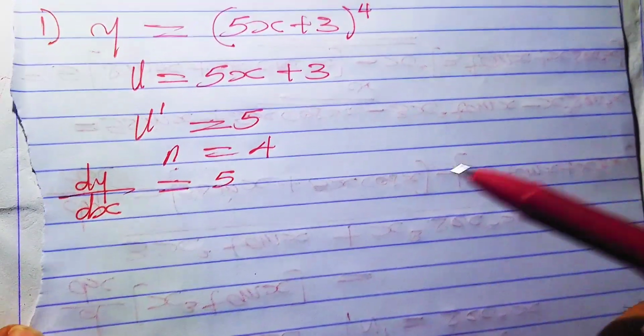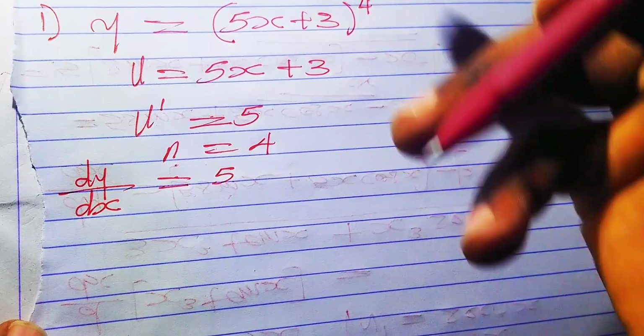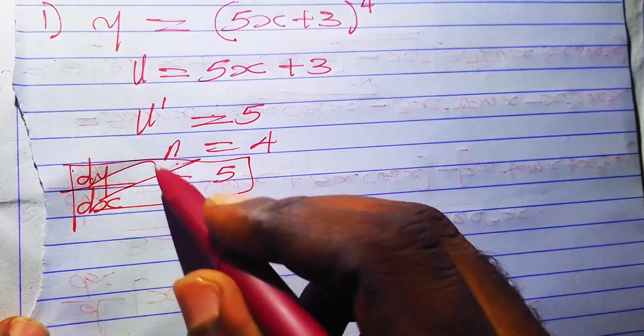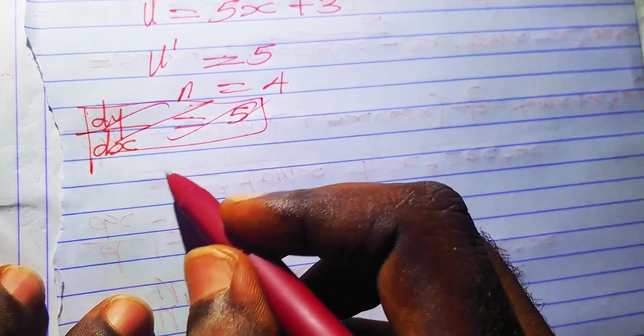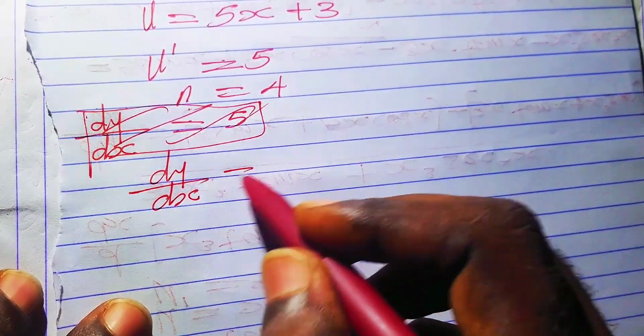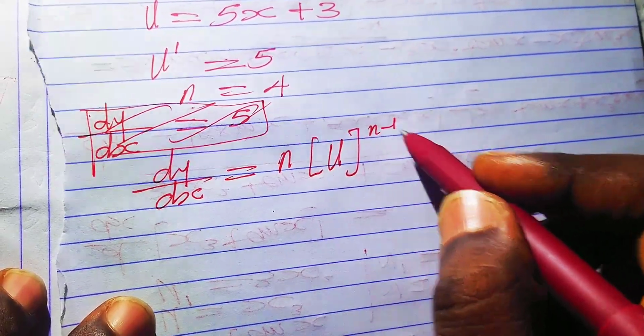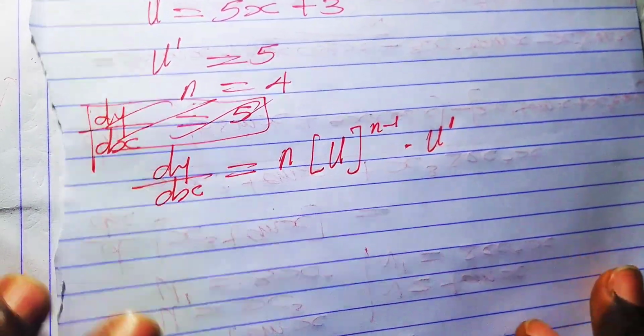I was meant to write out the concept of chain rule itself: dy/dx equals n times u raised to the power of n minus 1 multiplied by u prime itself.